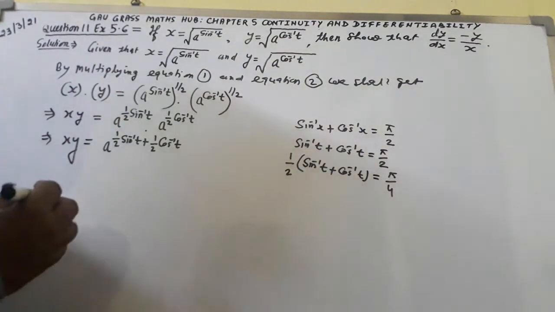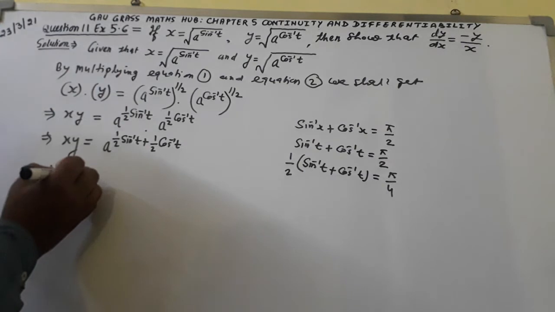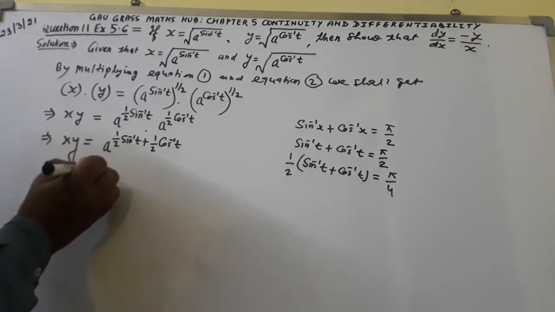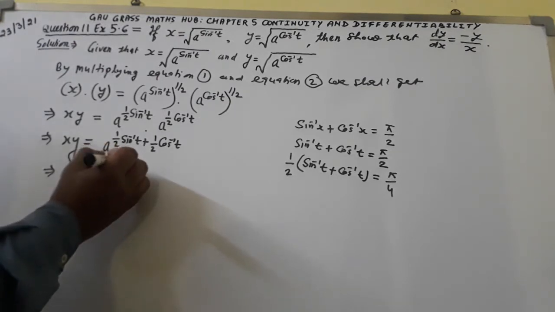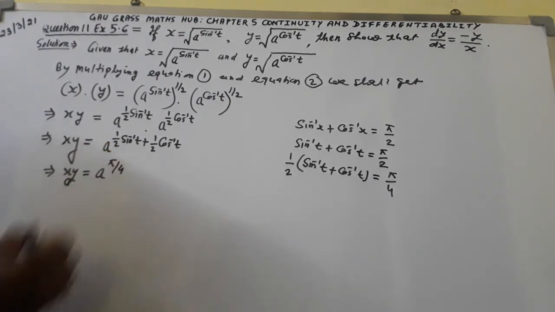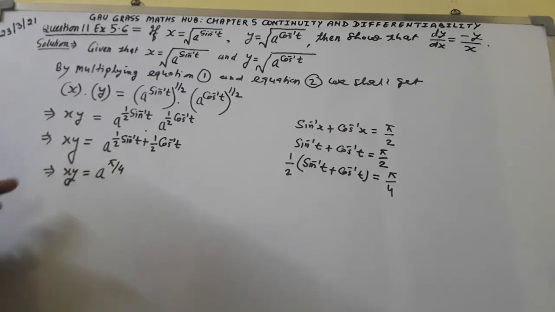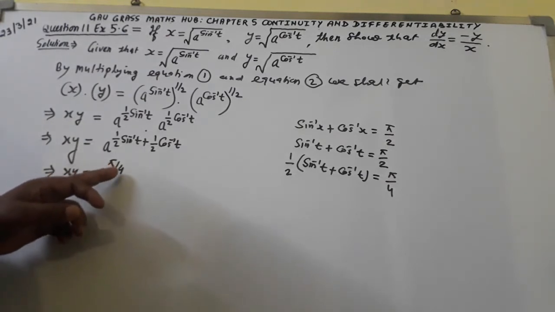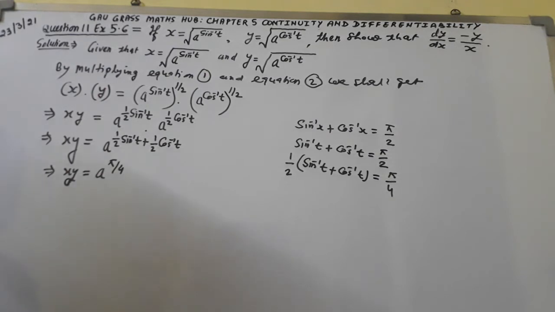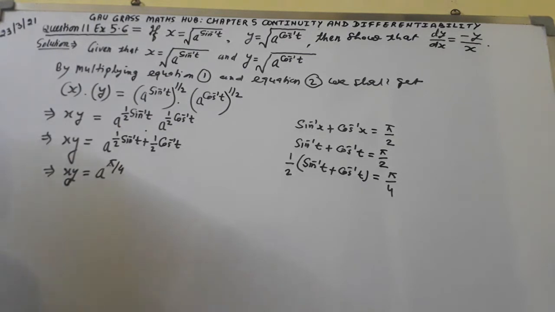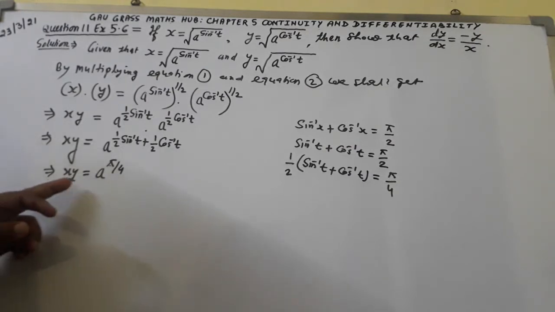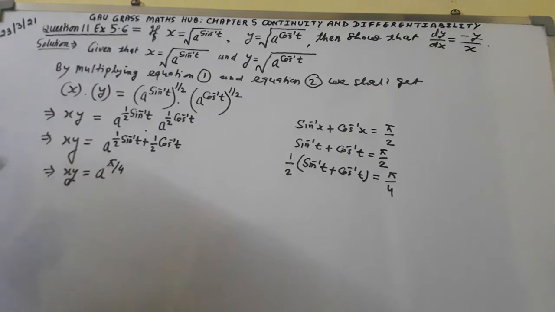So here I shall write implied that xy is equal to a raised to the power pi by 4. Now we have got the modified equation xy is equal to a raised to the power pi by 4.